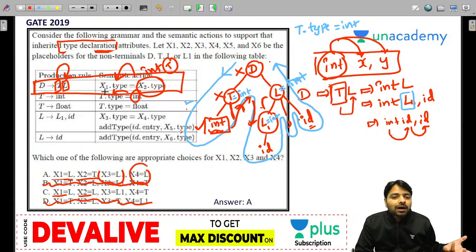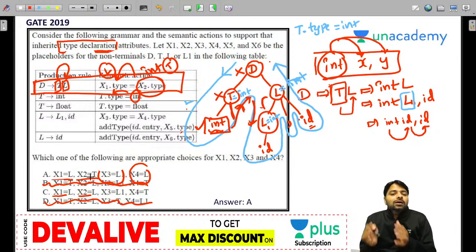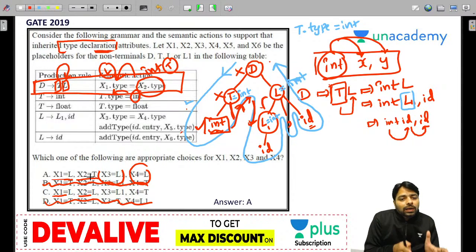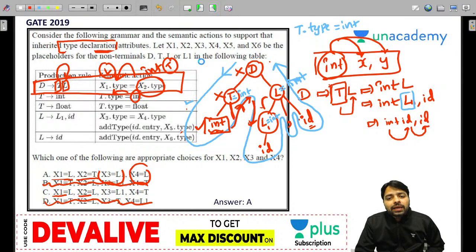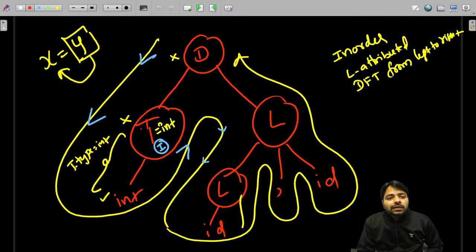T से आ रहा है, और ये L में जाना पड़ेगा. तो मतलब T.type will go to L.type. तो यहां पर एक मीनिंग बनता आपको, T.type है, यहां पर L.type में जाएगी.